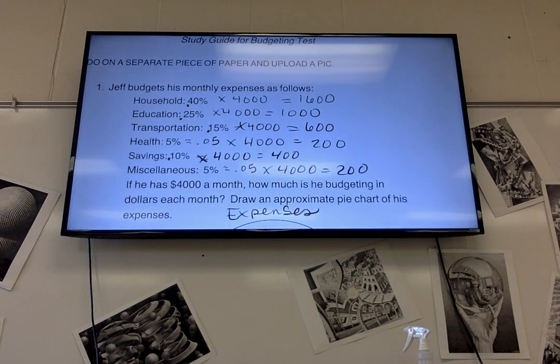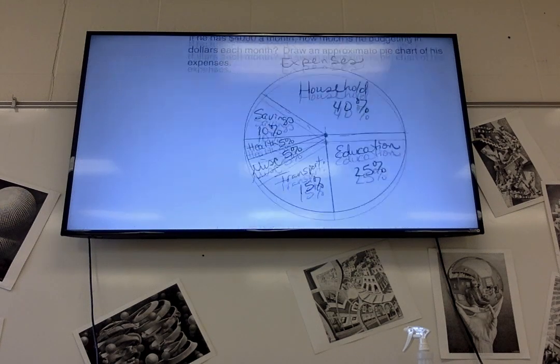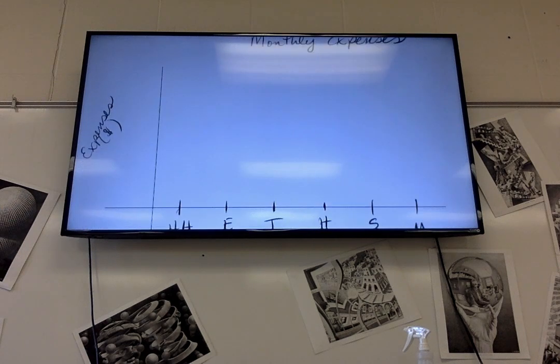And they range from 200 to 1,600. So I'm going to count by 200: 200, 400, 600, 800, 1,000, all the way up to 1,600. That's really all I got to do.